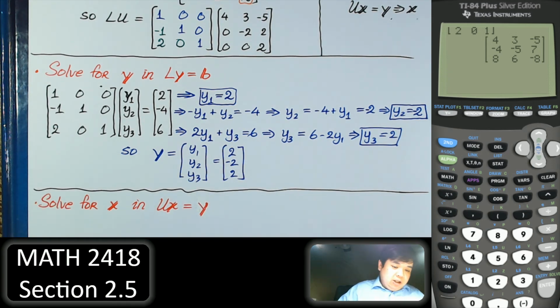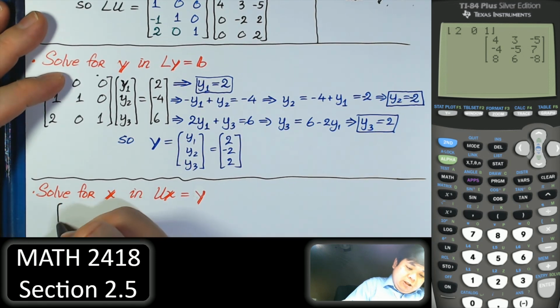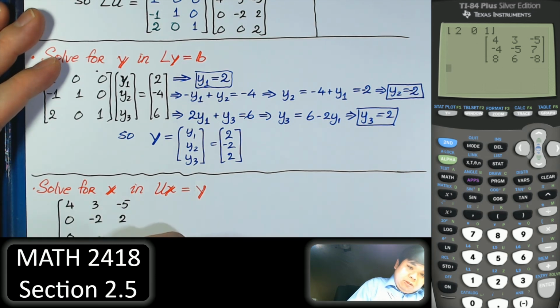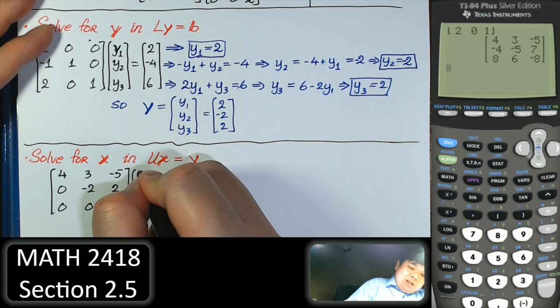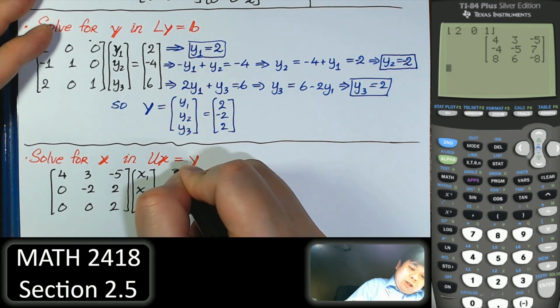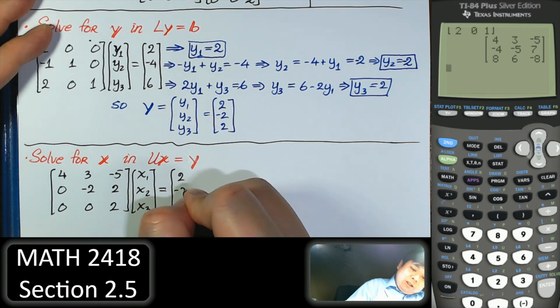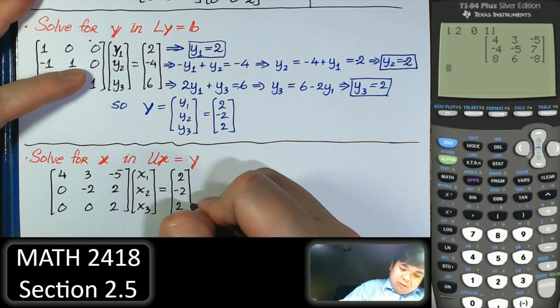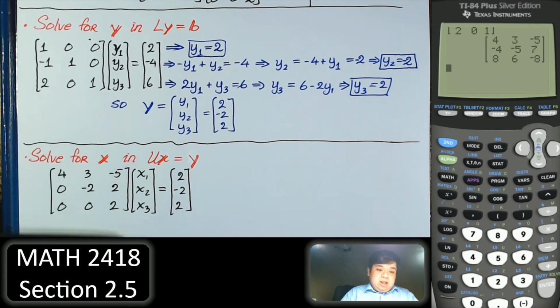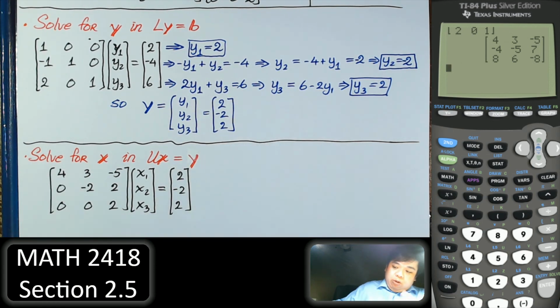Right, Ux, this is U, x equal to y. Right. From here we just use what we did earlier is the forward step, and this is the backward step. So we want to go backward.